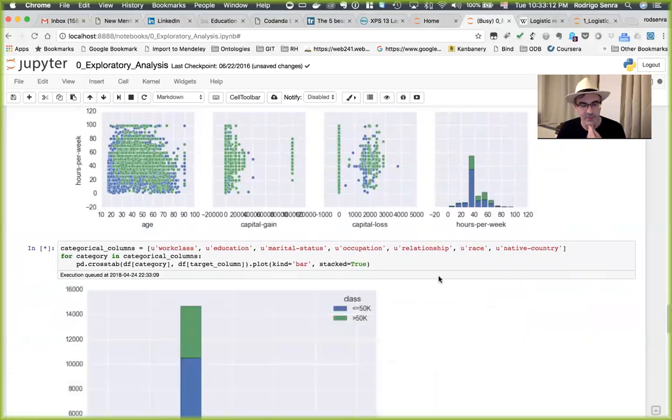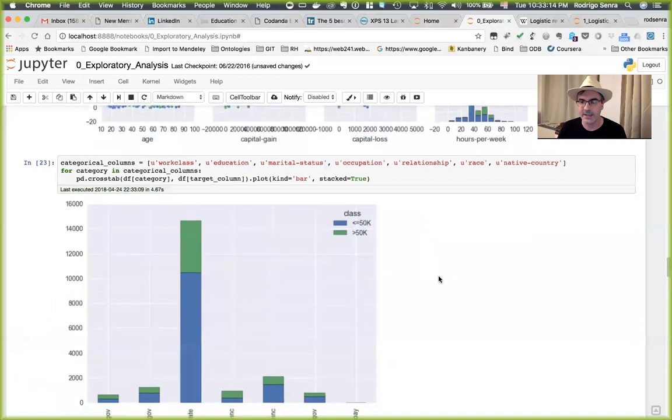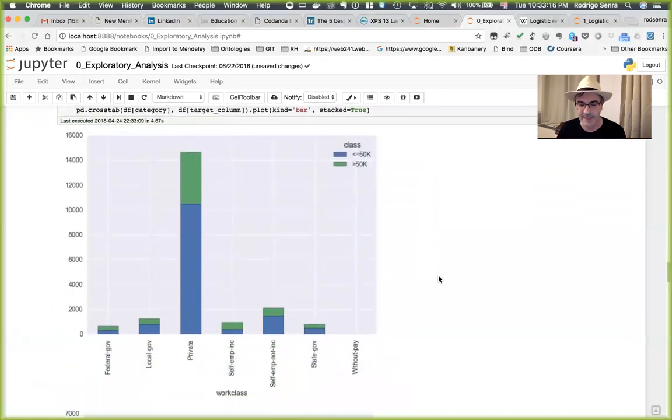We have other explorations that we can do. For instance, we can take a single attribute and explore all the values for that attribute. For example, if you are working in the private sector, you have this separation between high income and low income. But if you're working for the state government, we have fewer values.